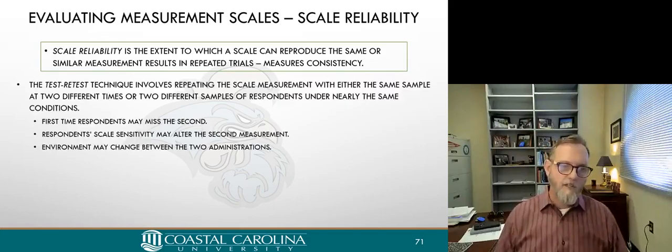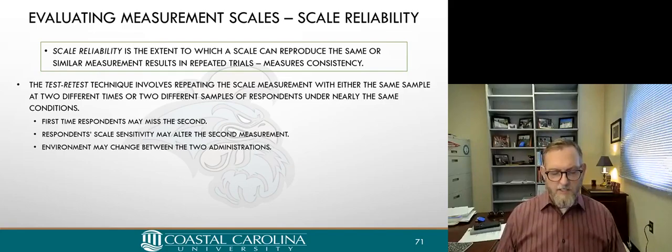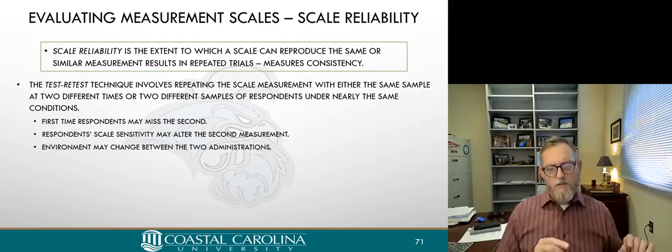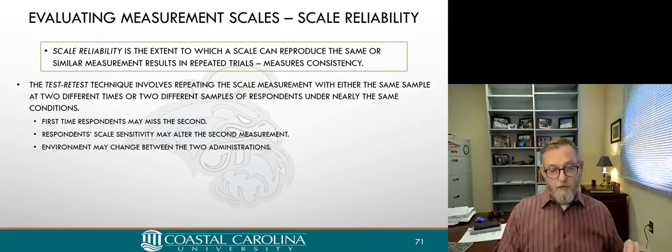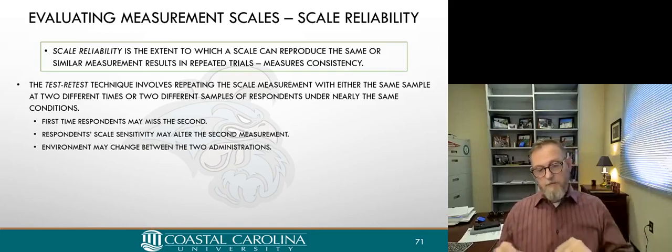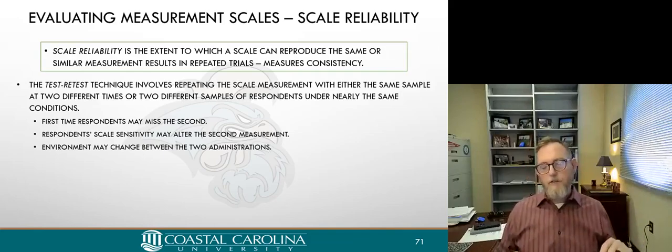Right. One way that we can do this is something called test-retest. And basically, again, you can pause this and read this, check it out in your book. But basically what we're doing is we're going to ask a question. We might even do it early in the survey, and then later on in the survey, ask the question again.